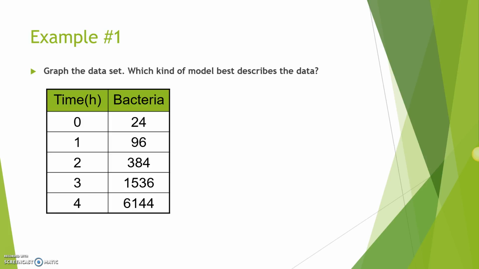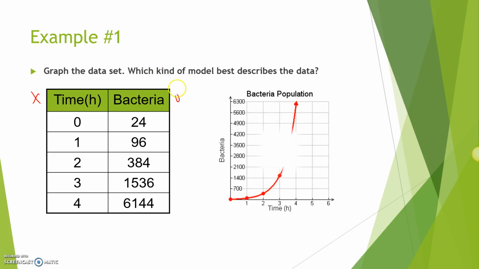So the first example, it says graph the data set, and then you have to determine which kind of model best describes the data. So we're going to graph the time and bacteria here. When we graph this, time is going to be representing your x, bacteria is representing your y, and here's the graph that represents that.